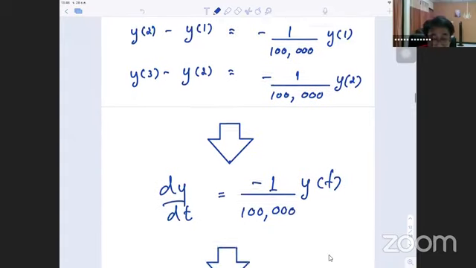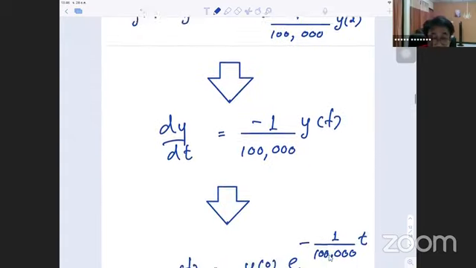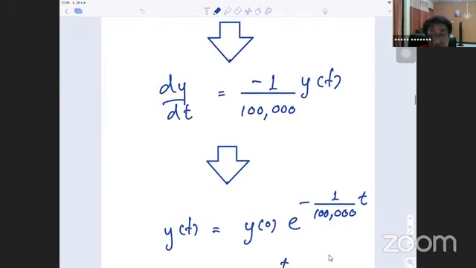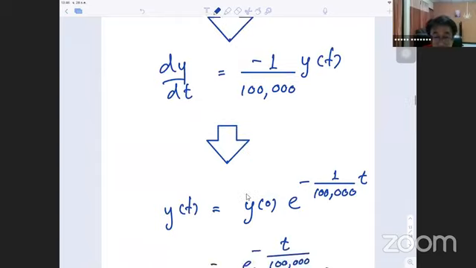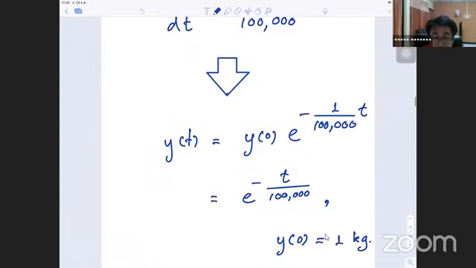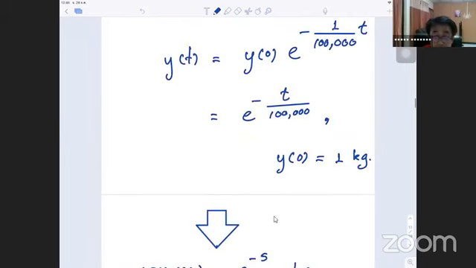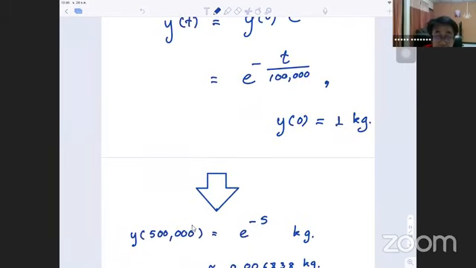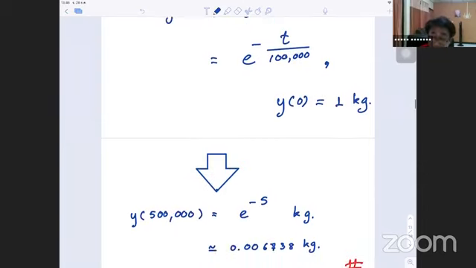And she solved. Not for 500 years, but for 500,000 years, to know about the weight of the radium, she put T by 500,000 and she can give the answer.